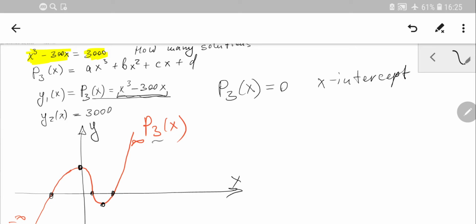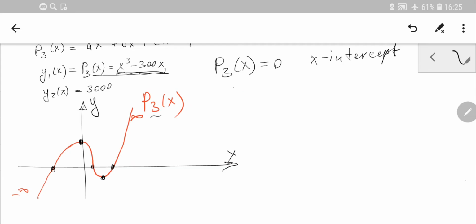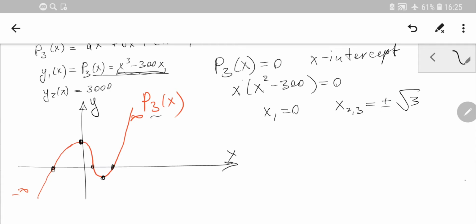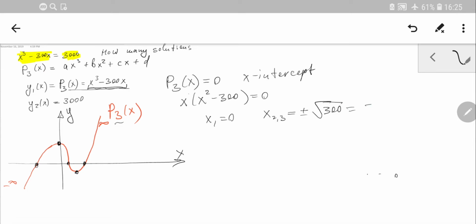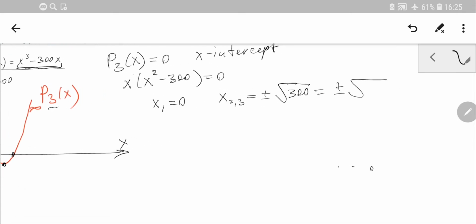So what we can do, we can simply factorize x cubed: x squared minus 300 equals 0. So from here, you know that x1 is 0 and x2 and x3 are plus or minus the square root of 300.